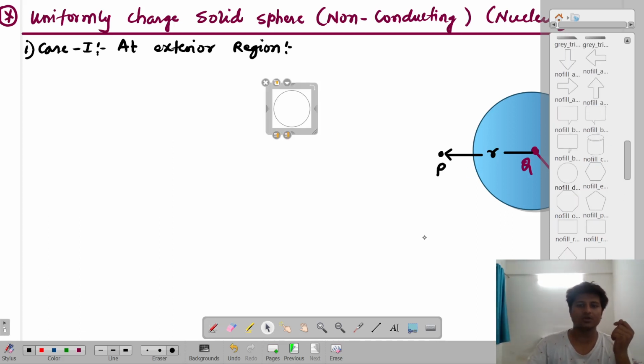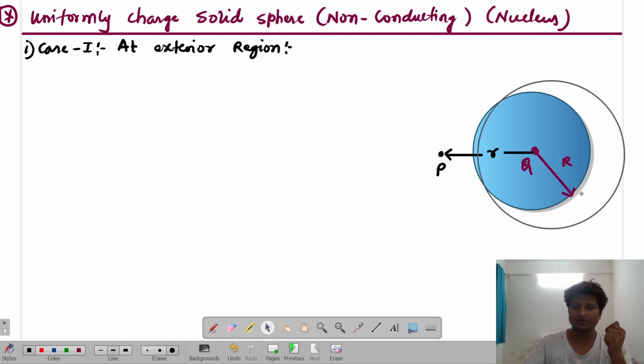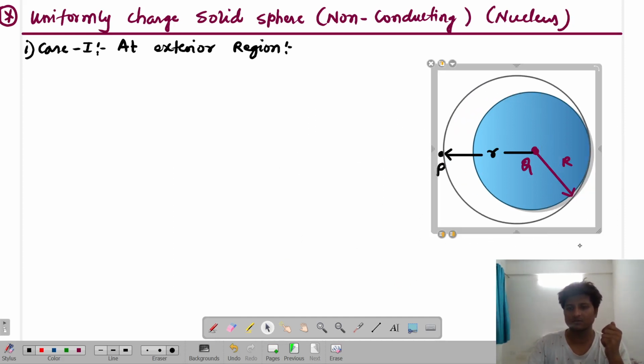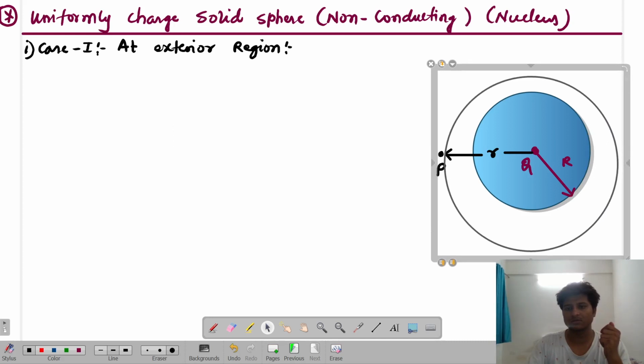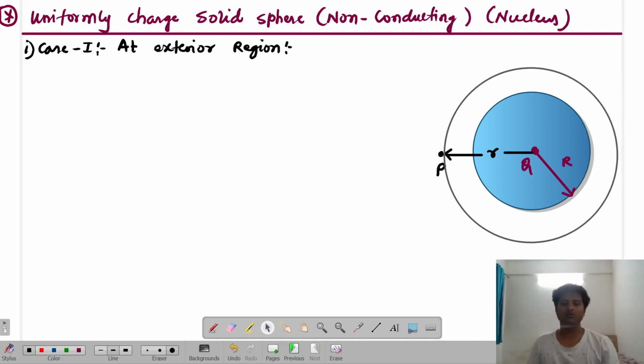then only I can apply Gauss law. If I generate a Gaussian surface, it will also be spherical in nature, isn't it? Now look over here. If the charge is Q, then for this exterior region the charge enclosed will be exactly Q, or not?